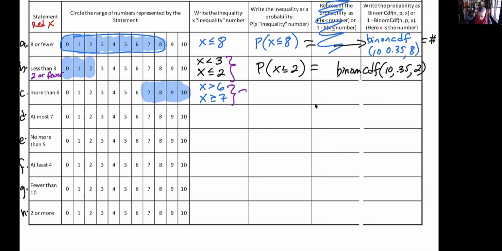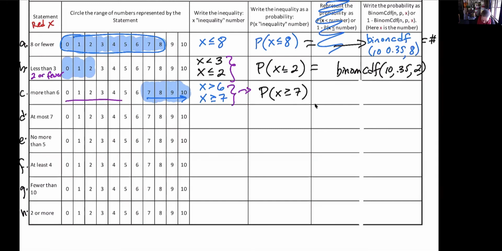I need to choose one of these to put into my probability notation. I'm going to choose the one that includes the value that I'm going to put in my calculator. But I have to be careful, because can I put that 7 in my calculator? The answer is no, because I'm doing a more than, which means 7 and up. My calculator only knows one operation, and that's 0 to a point.